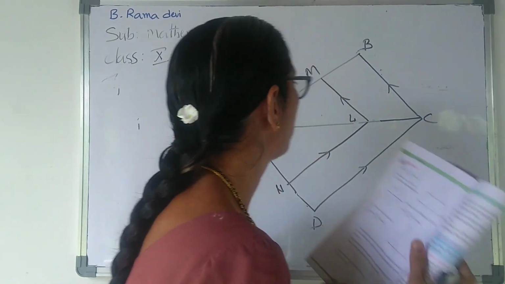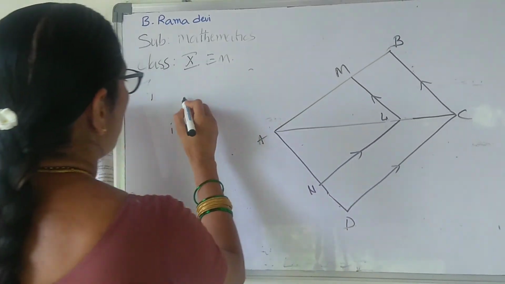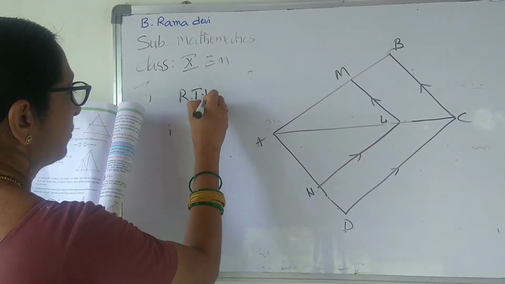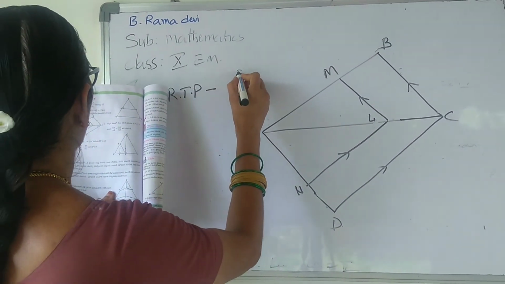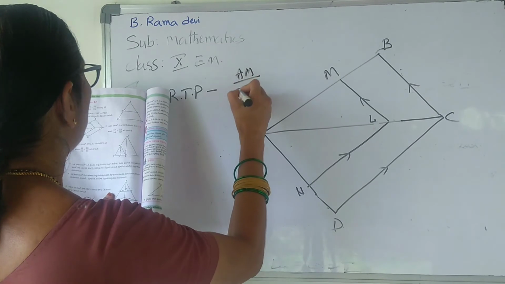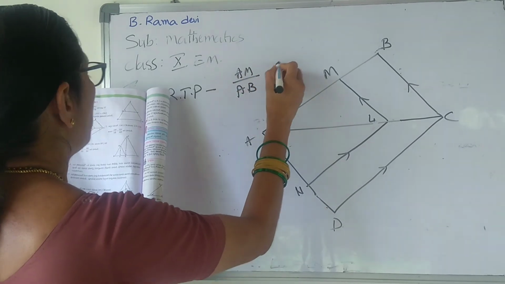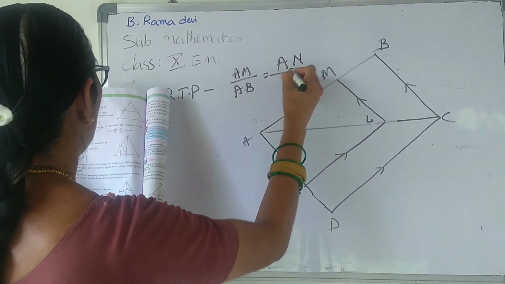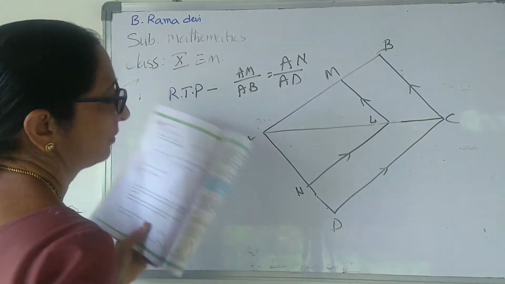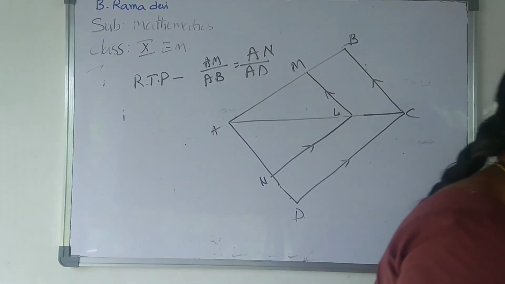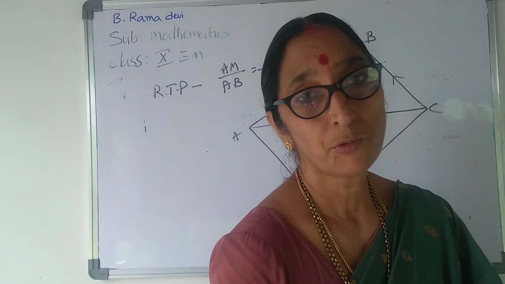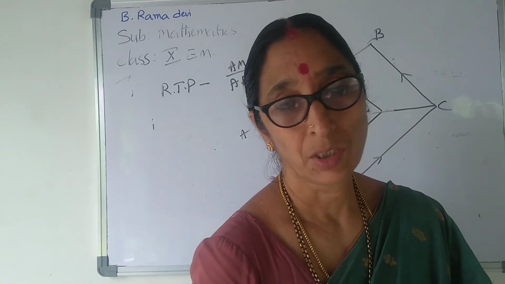We have to prove, RTP is AM by AB is equal to AN by AB. How can we prove? What theorems do we have to apply?